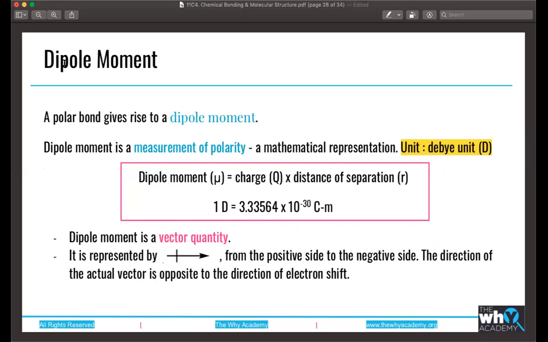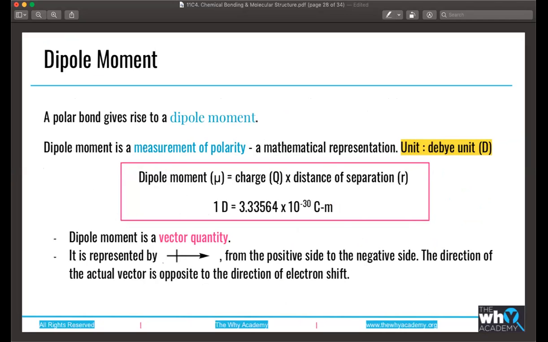Next, we discussed dipole moment. Dipole moment is the quantified physical quantity by which you can measure the polarity of the bond. A polar bond gives rise to a dipole moment. It is the physical measurement of polarity, so obviously it's got a unit.